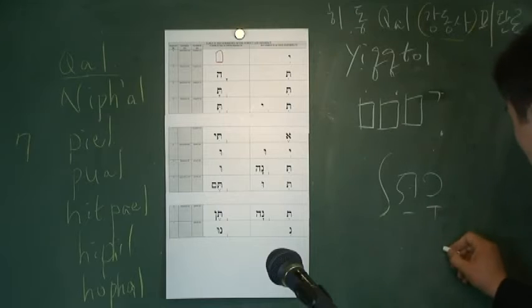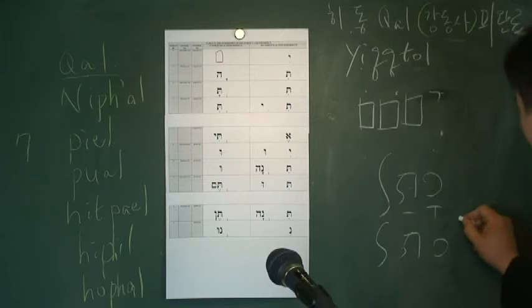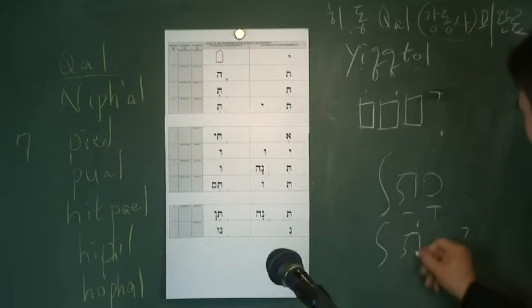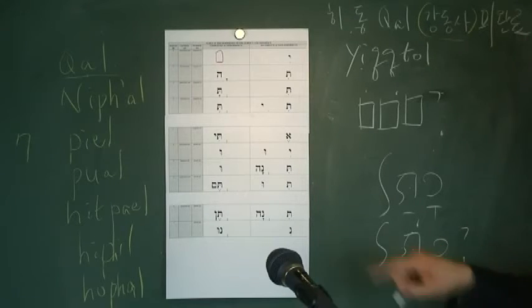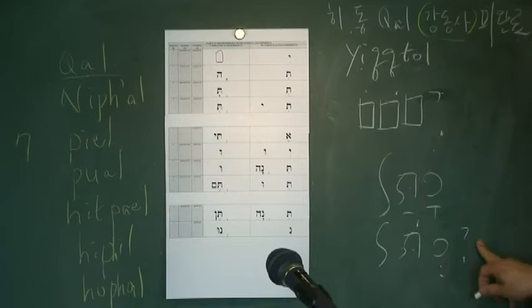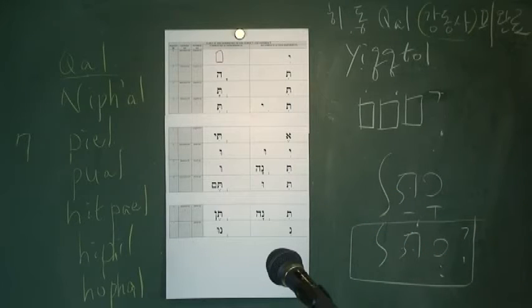This is the perfect form. When the perfect form is changed into an imperfect form, it changes to become the following. This is yiktol. The perfect form of the katal verb is katal, and its imperfect form would be yiktol. Yiktol is the imperfect form of the kal verb.